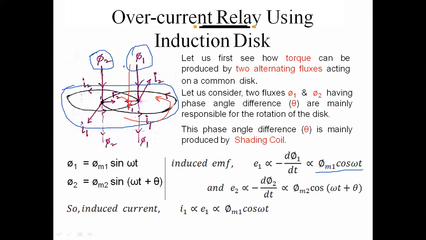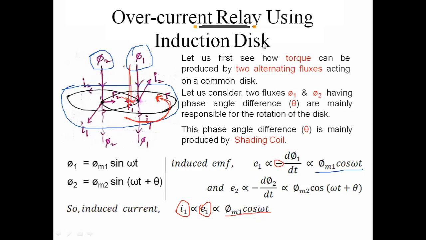By the thumb rule it should be clockwise, but according to Lenz's law, that's a minus sign, so it must be taken in the opposite direction. So phi 1 flux cuts the disc, for which a circulating or eddy current I1 is produced, and I1 is proportional to phi m1 cos omega t. E1 is the induced EMF on the disc, and I1 is the eddy current.